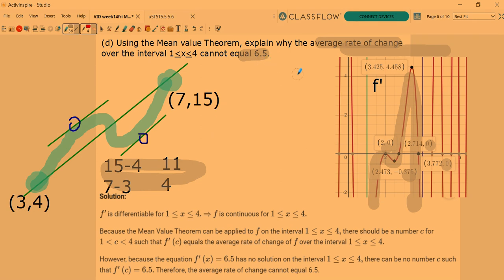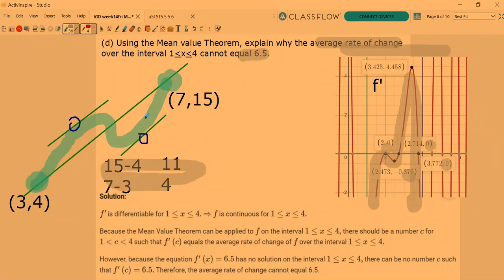That's the most direct way of answering that. It's kind of going backwards now: because this graph never reaches a ceiling of 6.5, the slope between the endpoints cannot equal 6.5. Remember, the average rate of change is just y sub 2 minus y sub 1 over the change in x.